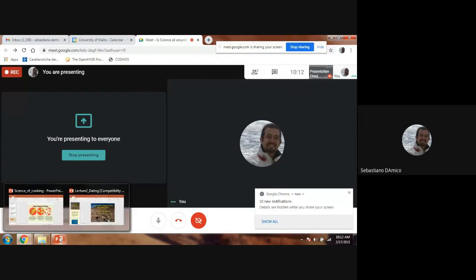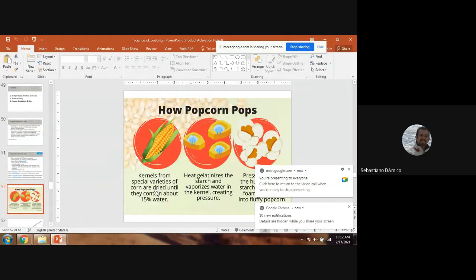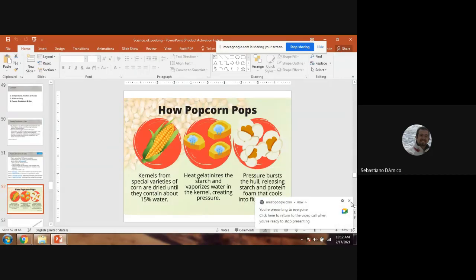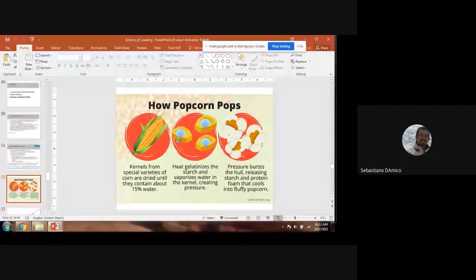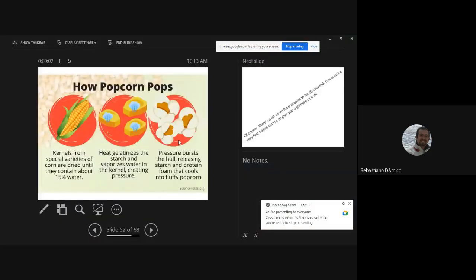Okay, let's try to complete this little journey. One classical example is how we get popcorn and completely change its shape.